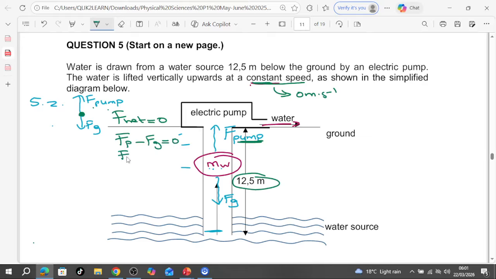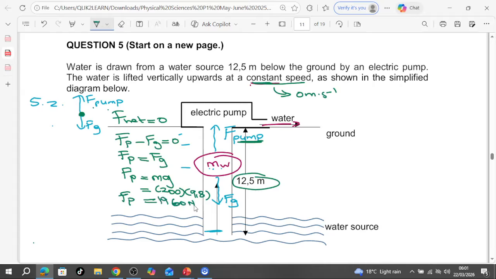The aim is to find the force of the pump. So this is equal to the weight, so FP is just mg. What is the mass of the water? It's given as 200 multiplied by 9.8. We just have to punch that on the calculator. When I put this on the calculator, I get the force to be 1960.